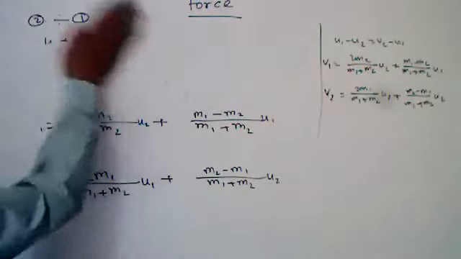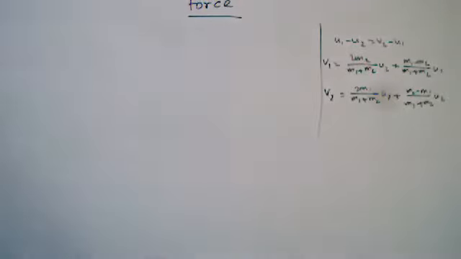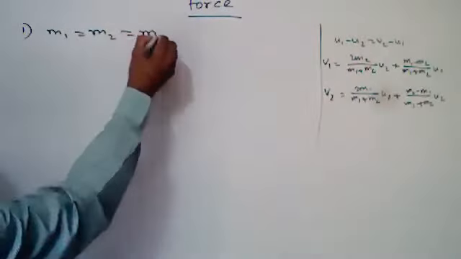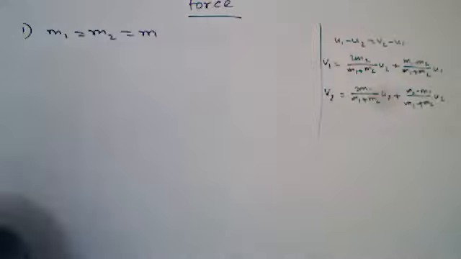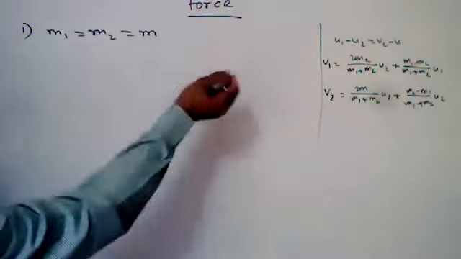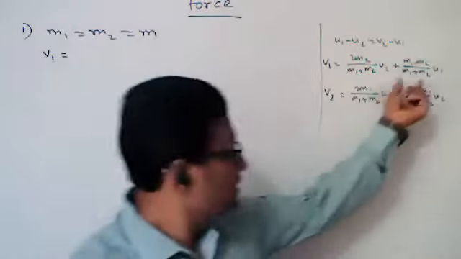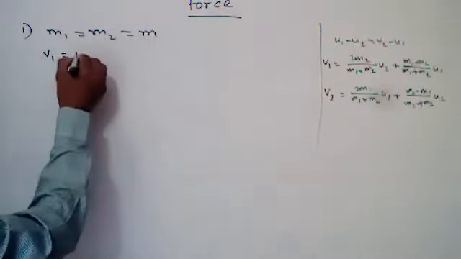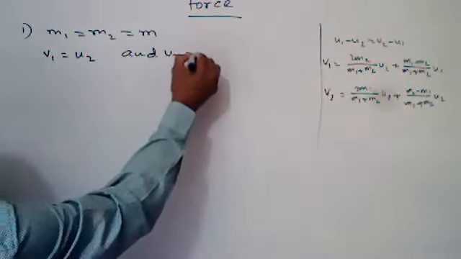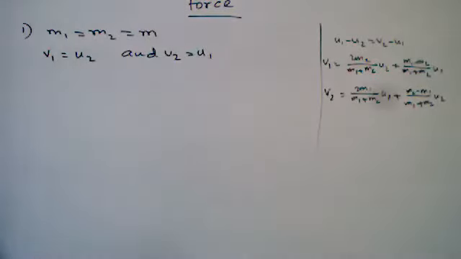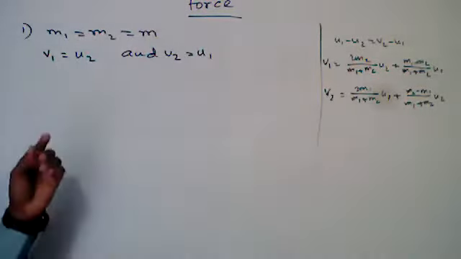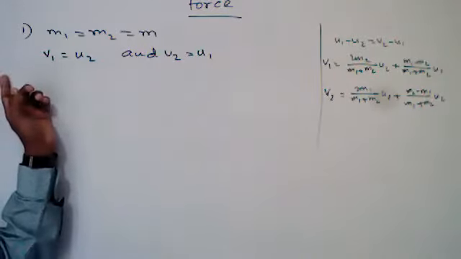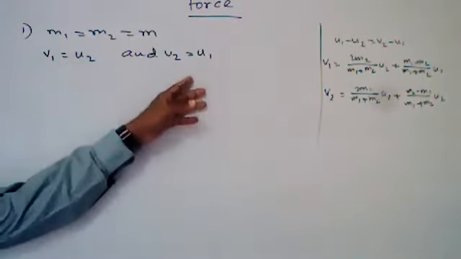Okay, now come. Condition number 1: if m1 equals m2 equals m, we can write v1 equals 0 plus m into u2 by m, so v1 equals u2 and v2 equals u1. So from this calculation, we can say the initial velocity of the first object equals the final velocity of the second object.